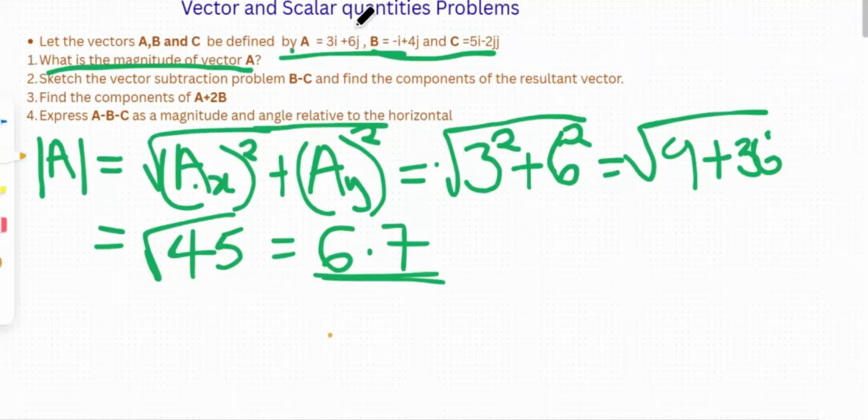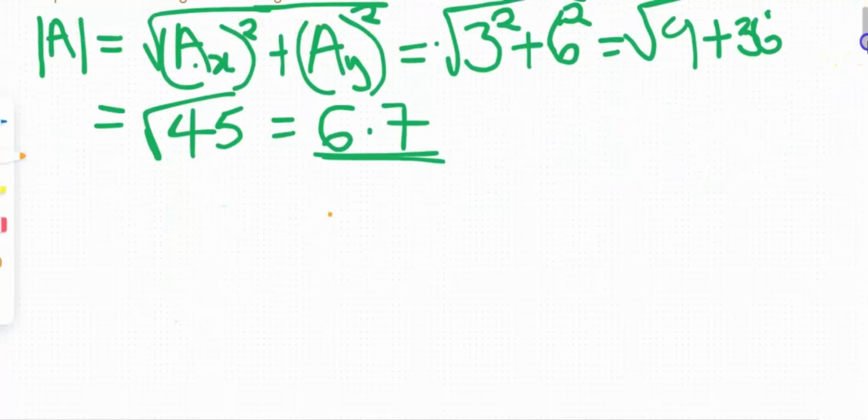Sketch the vector subtraction problem B minus C, and find the components of the resultant vector. So first, let's sketch the vector B minus C. This is B minus C, that means they're driving in different directions.